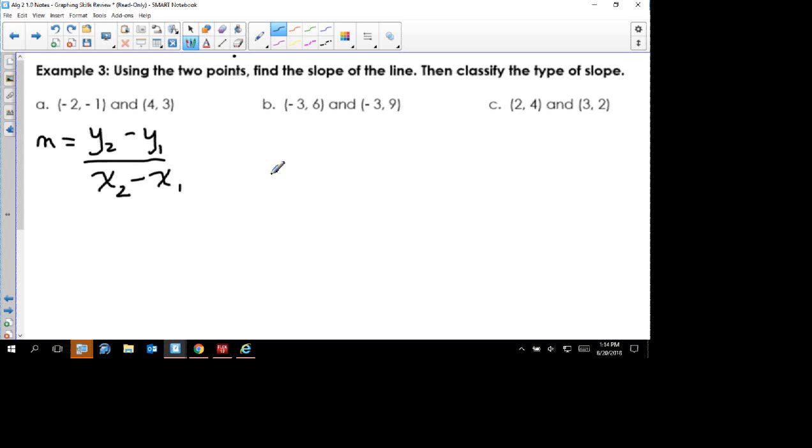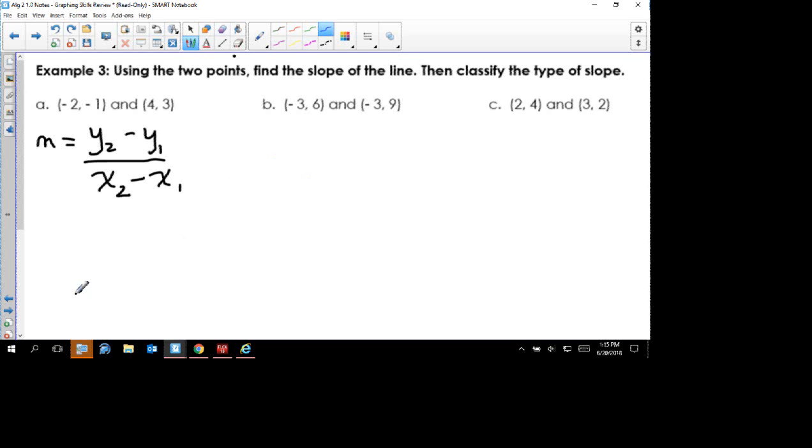What does it stand for? If we have a little tiny number at the bottom, it's called sub y sub 2. What does that mean? It's the second y. So the y value is the second in each ordered pair, and this one's going to be 3. The second y is going to be 3. Subtract the first y, -2.